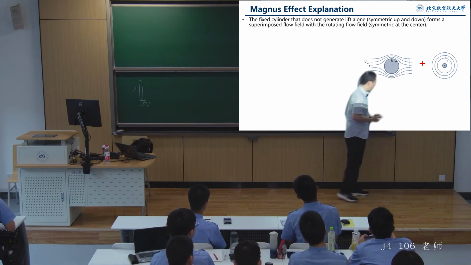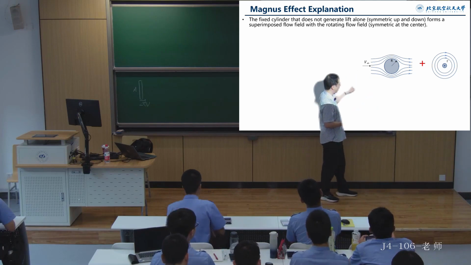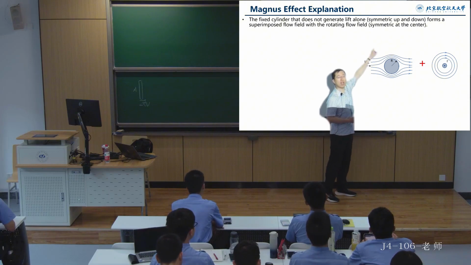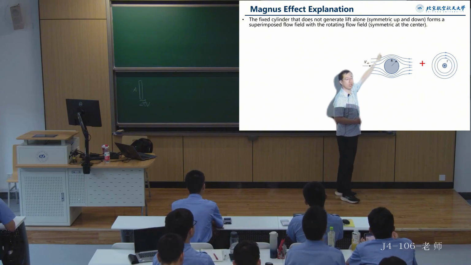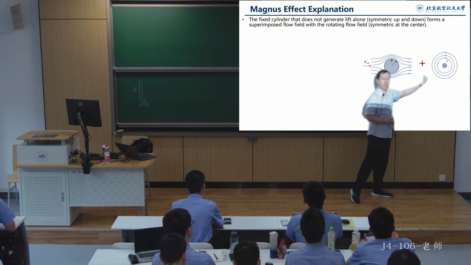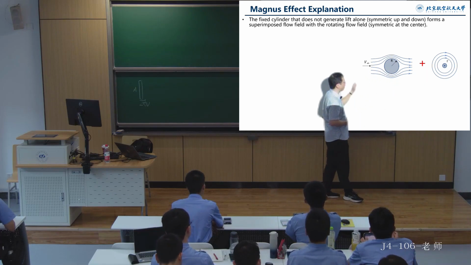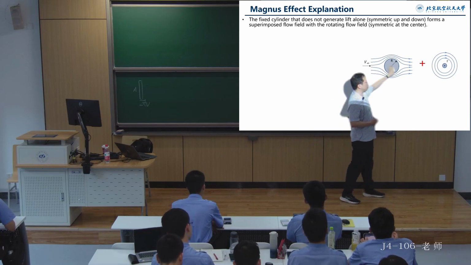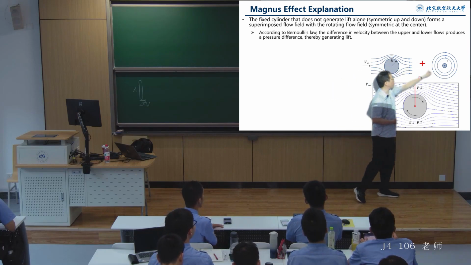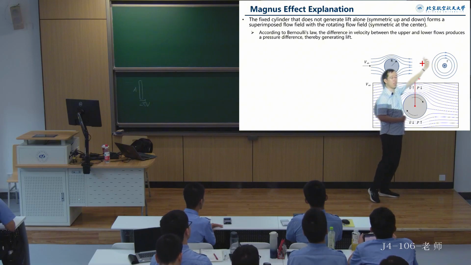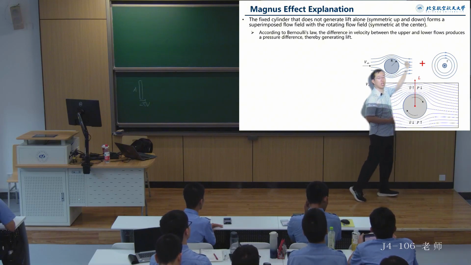Because for a rotating cylinder like this, the part closest to it will definitely rotate the fastest, right? Very far away, it certainly has no effect. So, it's a process where the rotation is smaller on the outside. Many times we can equate such a flow field to a combination of a non-rotating cylinder and a rotating cylinder without forward velocity, to obtain this flow field.